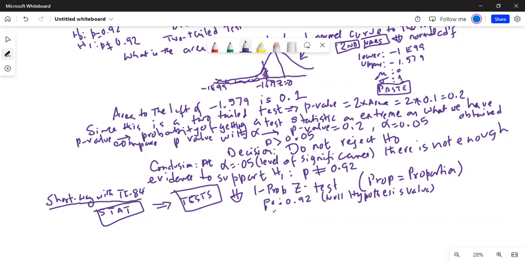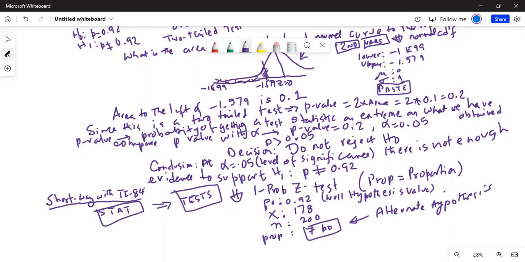My x is the number of successes, the number of cell phones, 178, sample size is 200, and my alternate is prop not equal to p0. This is the alternate hypothesis. And then you go down to Calculate.